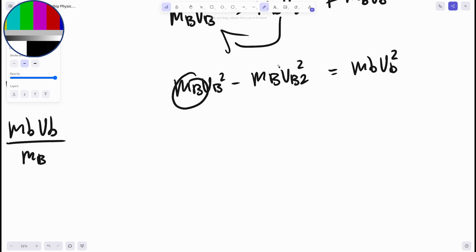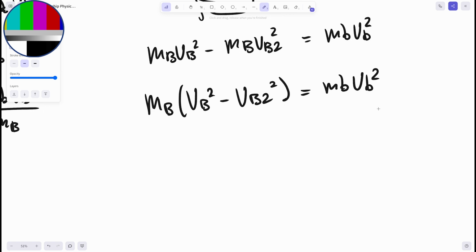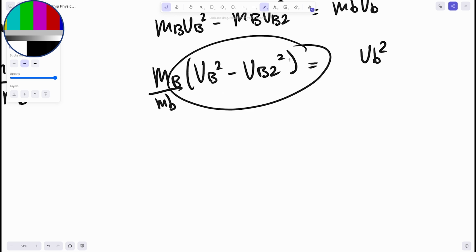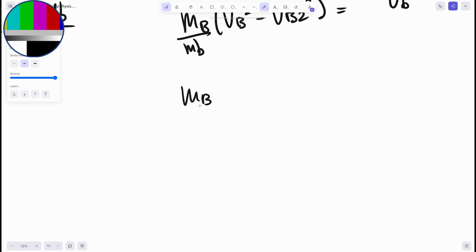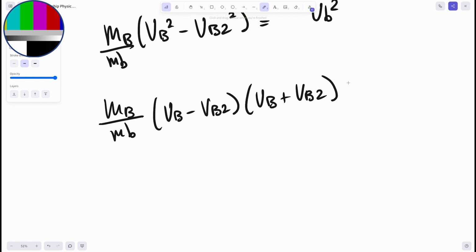Taking out mB as a common factor, we can also divide both sides by m little b. That way we have the velocity of the ball on its own. Now we can expand this out, and we get mB over m little b times (VB minus VB2) times (VB plus VB2), and that's all equal to v little b squared.